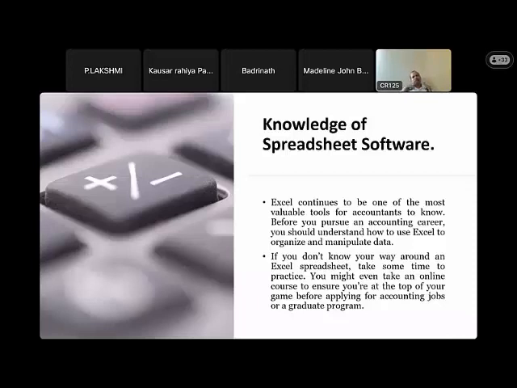Many software and developments have happened, but no one has replaced the spreadsheet. Excel continues to be one of the most valuable tools for accounting. Before you pursue an accounting career, you should understand how to use Excel to organize and manipulate data. So you have to be an expert in Microsoft Excel.